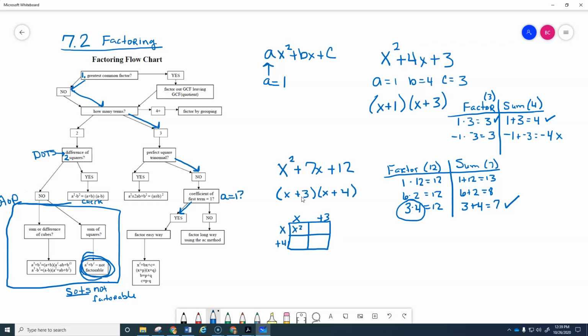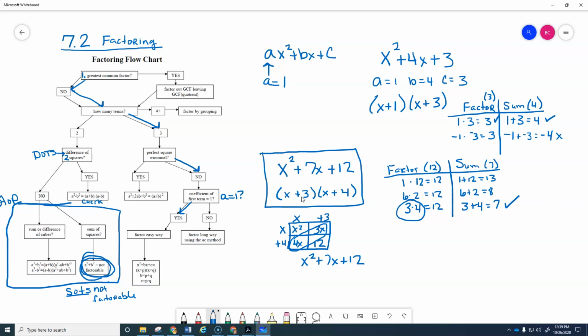This would be x squared, this would be 3x, this would be 4x, and this would be 12. And you would combine those together, and you get x squared plus 7x plus 12. So this is the factorization of that.